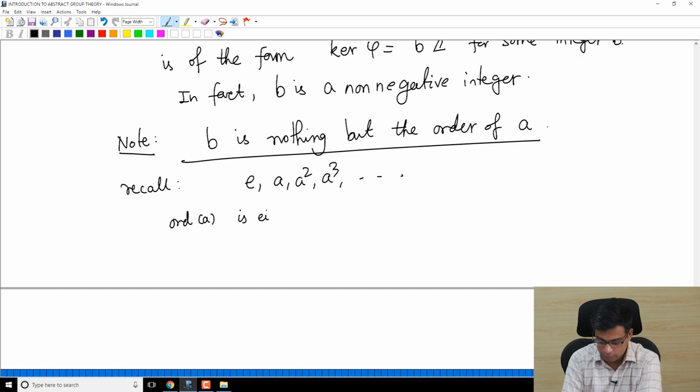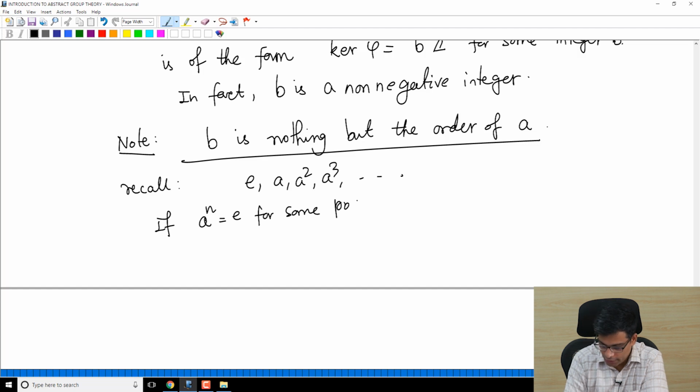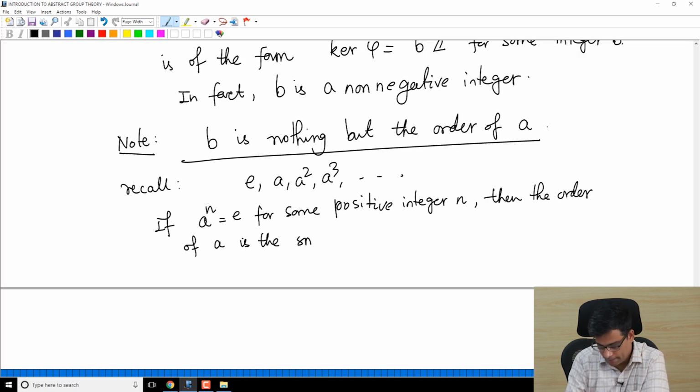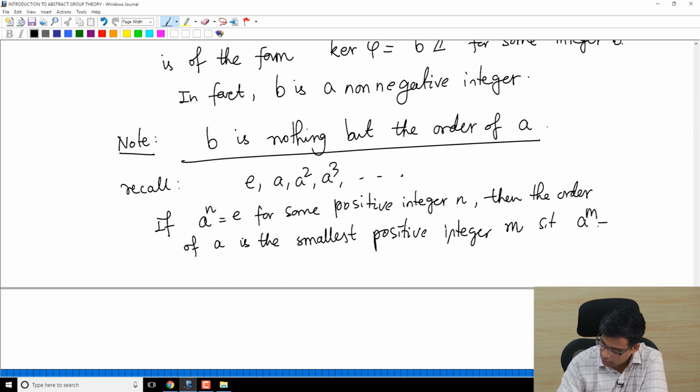If A power n is e for some positive integer n, then the order of A is the smallest positive integer m such that A power m is e.